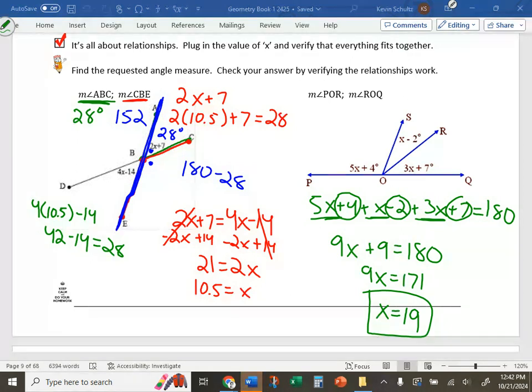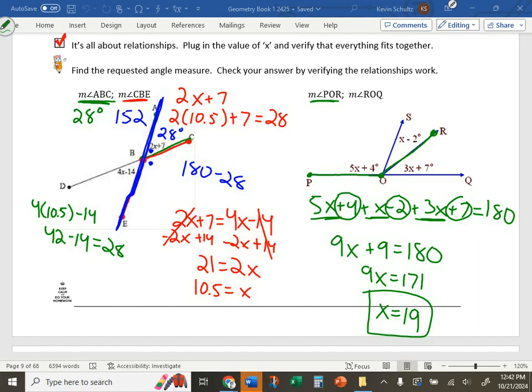We're looking for POR, which goes from point P to O in the middle, that's our vertex, up to point R. So angle POR is actually two angles put together.